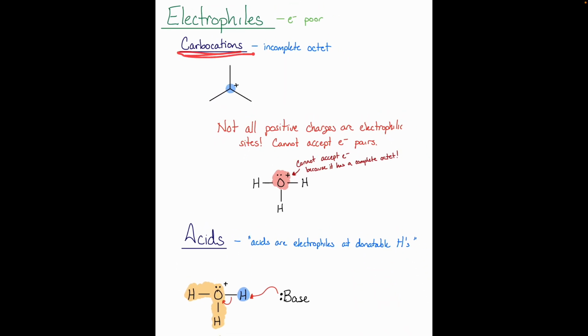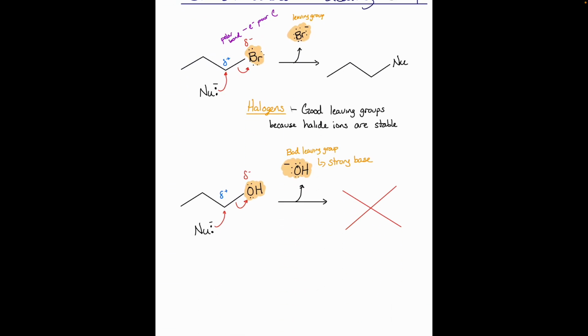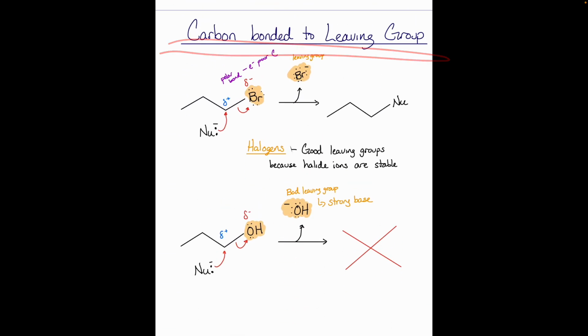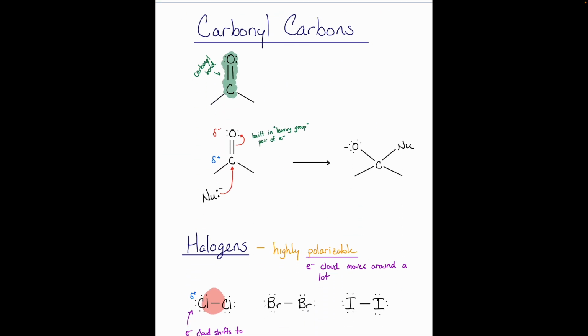Carbocations, acids, carbons with a good leaving group, which is now just alkyl halides, our carbonyl carbons, and this is going to be an enormous one for this semester, and then lastly our halogens. So those are the categories we're looking out for as electrophiles. I've been using them a whole bunch, and again, hopefully review, but this is going to be a really important part of this course.